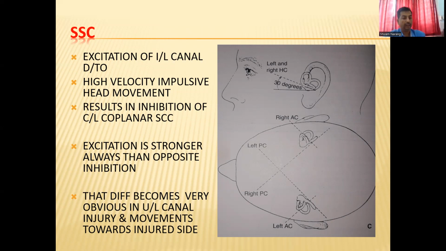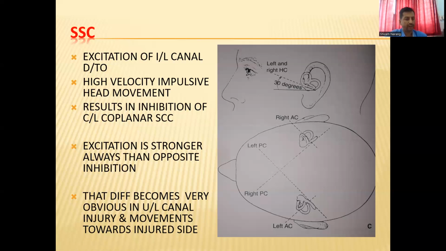So excitation is always a stronger sensory input and inhibition will not be that much. So the difference will be too much. At the same time, if there is a dead labyrinth, the excitation will be very much less and there will be a much larger difference of the signals going from either side of the semicircular canals. So this difference is the signal.